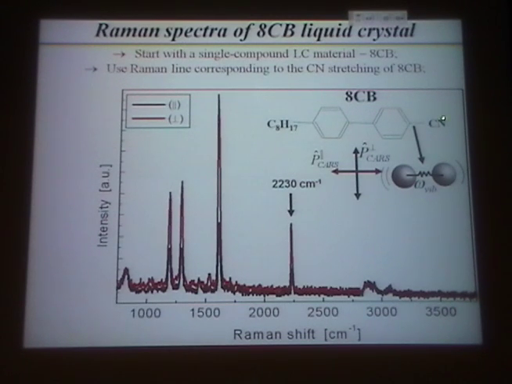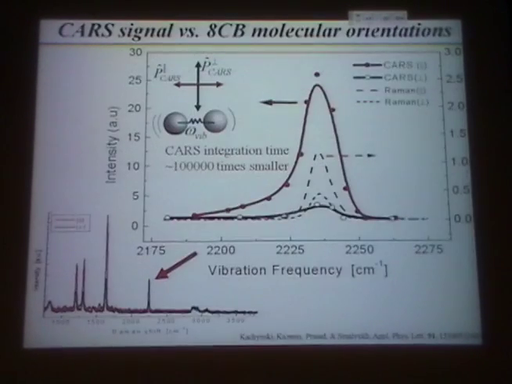So one of the molecules we probe is 8CB. This is a molecule that forms smectic liquid crystal phases, as you know, and if you were to take a Raman spectrum, it would look like this, where you can see the two spectra for two orthogonal polarizations of excitation laser light, parallel and perpendicular to the liquid crystal director.